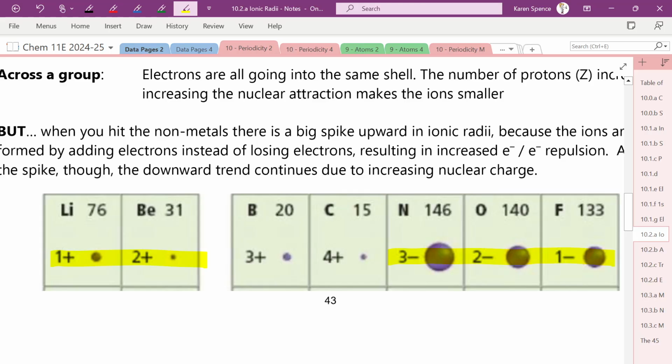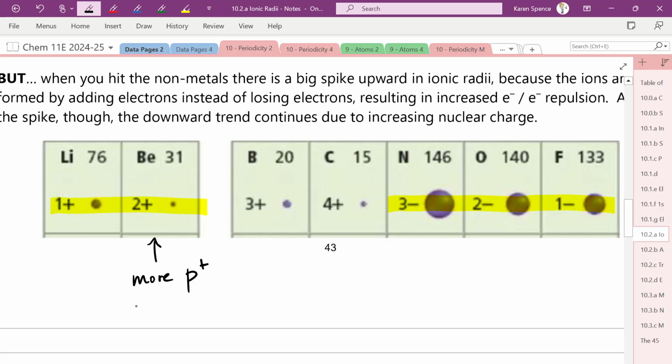That's because there are more protons than lithium. And what does that do? More protons causes the electrons to be pulled in more strongly.